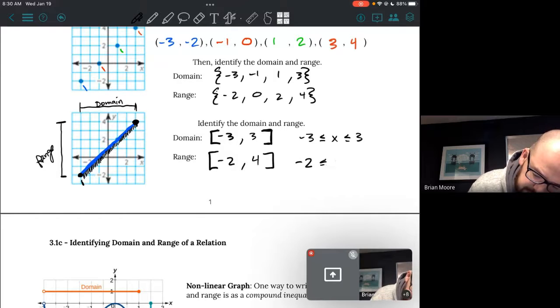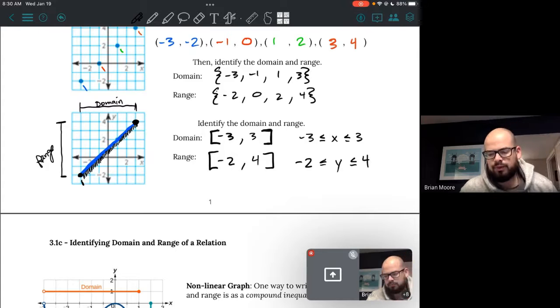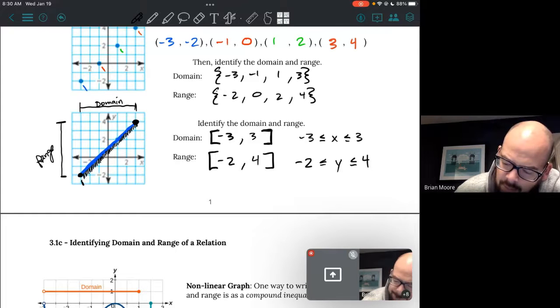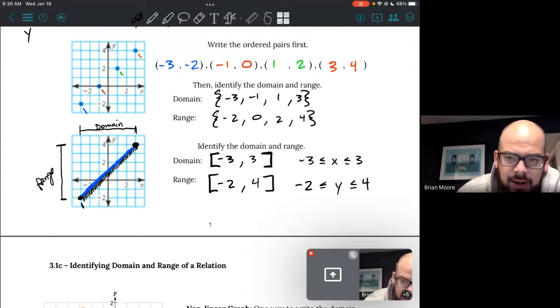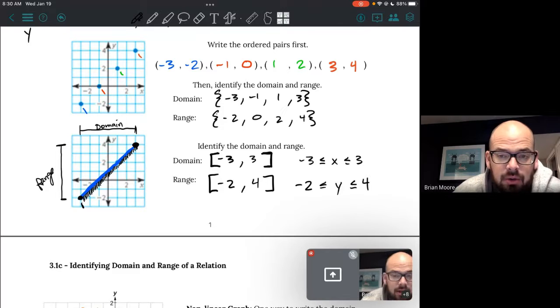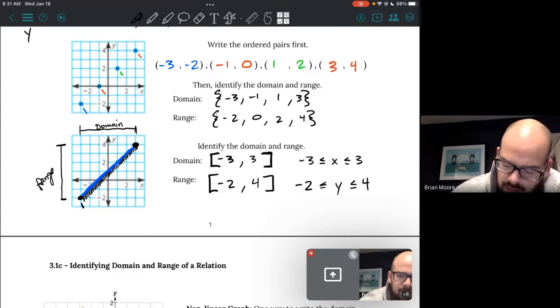So -2 is less than or equal to y, which is less than or equal to 4. Why did I put y for the range? Well, that's because it's along the y-axis, and when we're talking about multiple points or a coordinate pair, x is the independent or the input, y is the output, which goes up and down. All right.